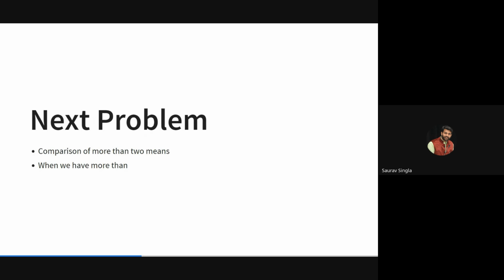You cannot stick to the t-test because the number of means has now exceeded. Okay. So that's how we proceed with ANOVA. So let's now get into ANOVA, straightforward.